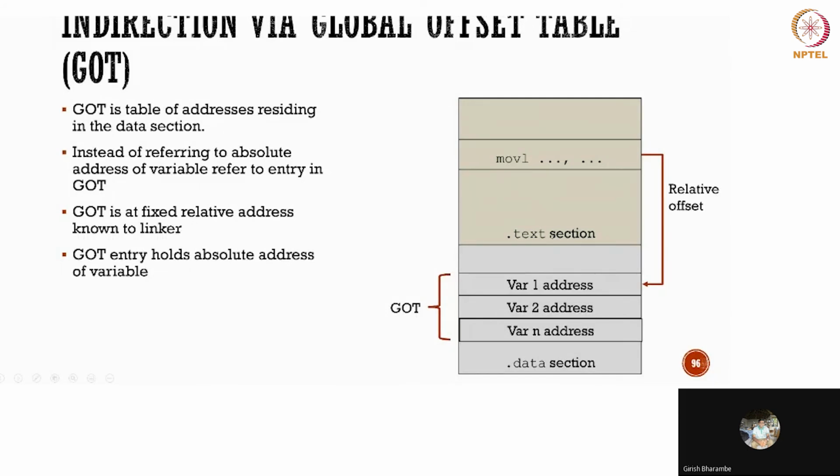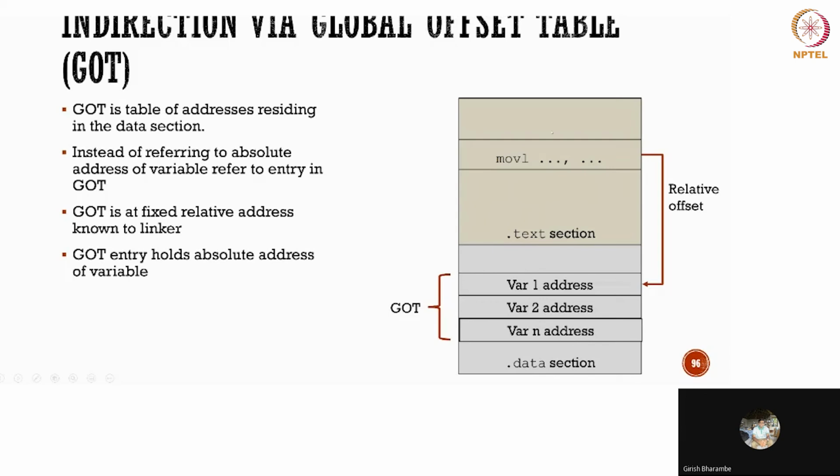It is part of the data section, but it is always at a known and fixed location relative to a text section. So instead of patching this move instruction, let's say this move instruction needs the address of var1. Instead of directly modifying this instruction to use var1's address, you could go via the GOT to get that address.